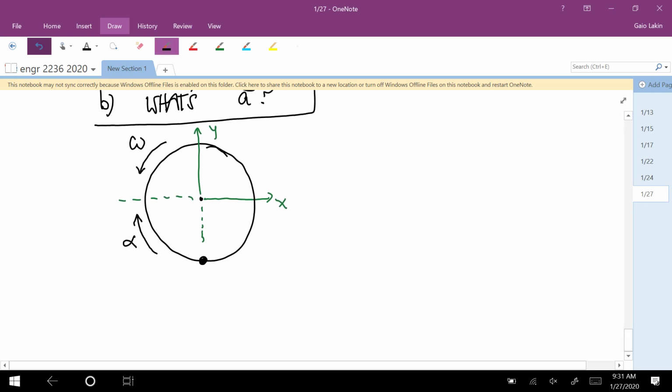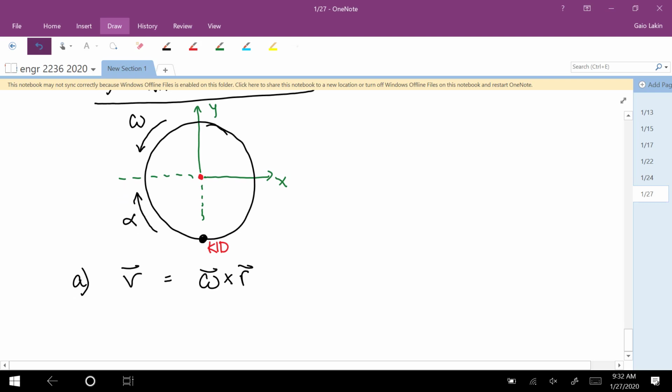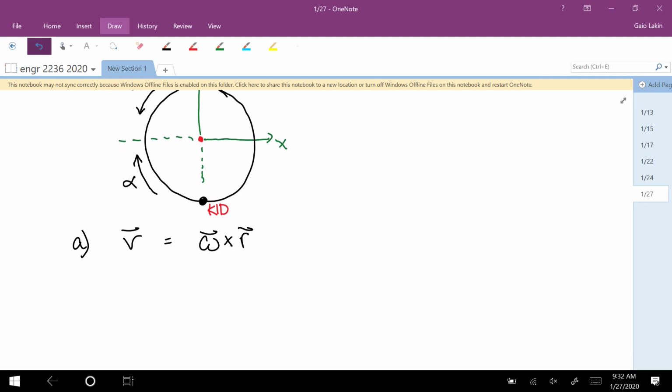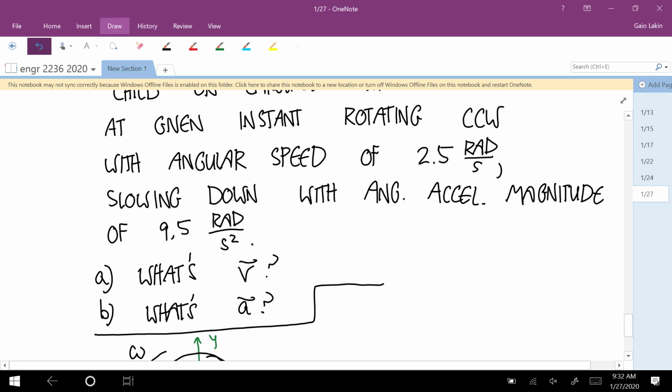Okay, so first, let's do the velocity. The velocity is the angular velocity crossed with r. This is the kid down here, and this is the center of the circular motion. So for that omega vector, we're given the magnitude is 2.5 radians per second. All we have to do is come up with the direction.